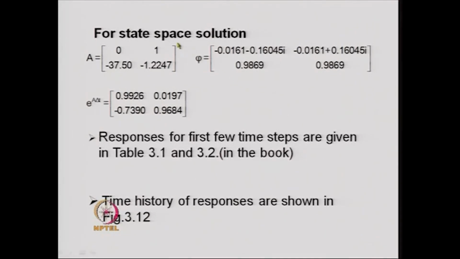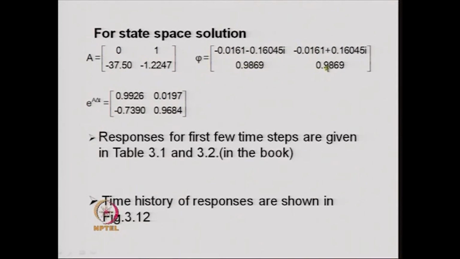In the state space solution, we have seen that we require e to the power A delta t, and A is this matrix, the state space matrix. The eigenvectors for this matrix are given by phi and are obtained like this.